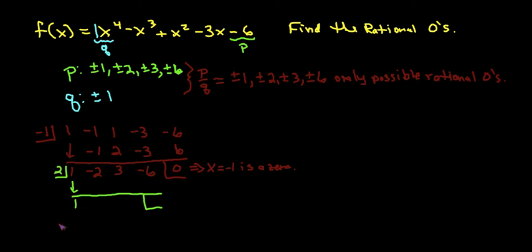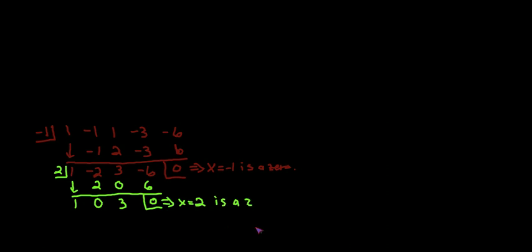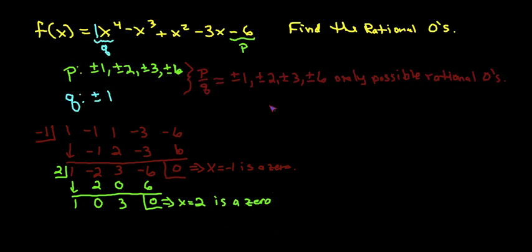And again, how do I know? Well, if I do 2 times 1, add these up, 2 times 0, add those up, 2 times 3, add those up, I get 0. So again, x equals 2 is a 0. Now they're both coming from my list of possible rational zeros, so there's two of my possible rational zeros.